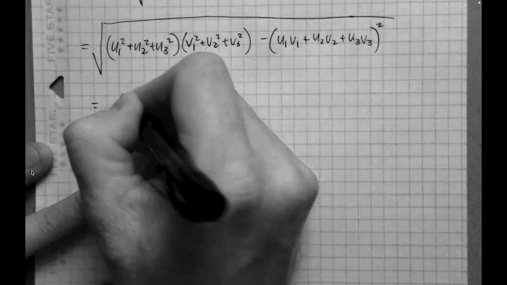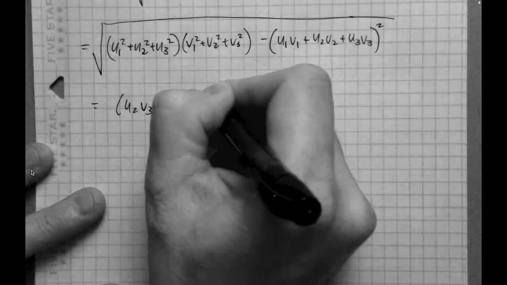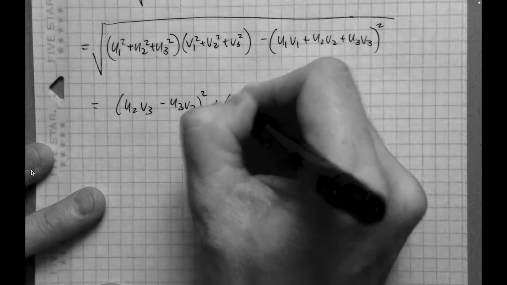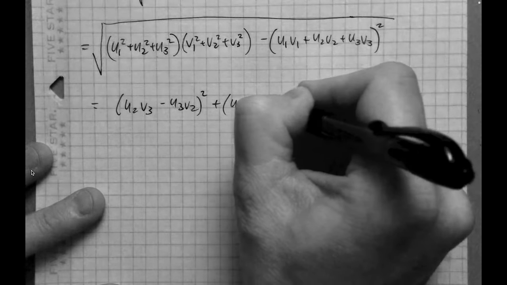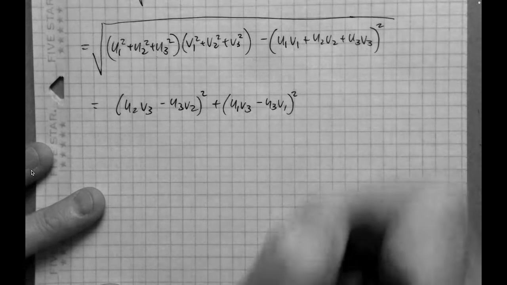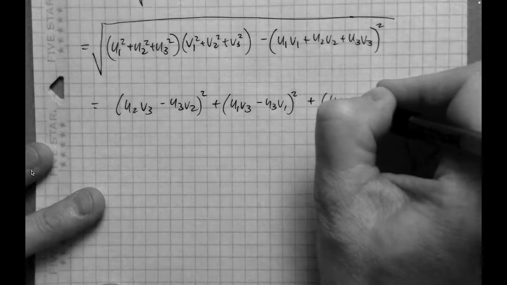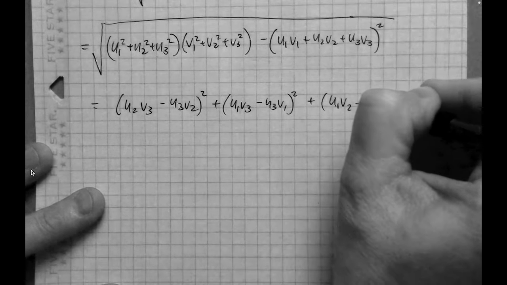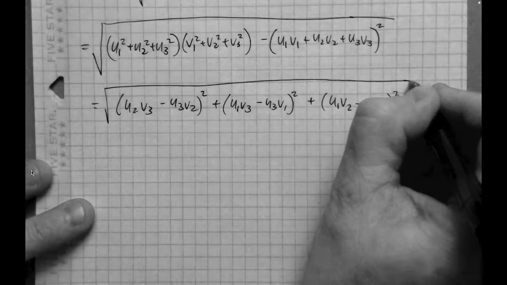What you get is u2 v3 minus u3 v2 squared plus u1 v3 minus u3 v1 squared plus u1 v2 minus u2 v1 squared. Okay, and the square root of that.